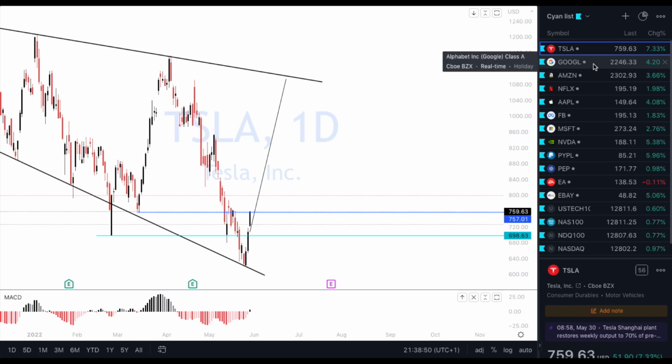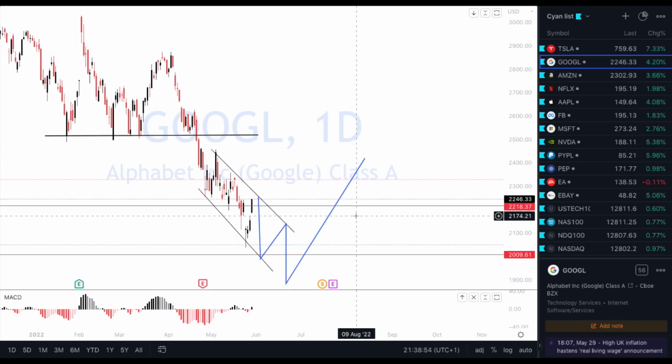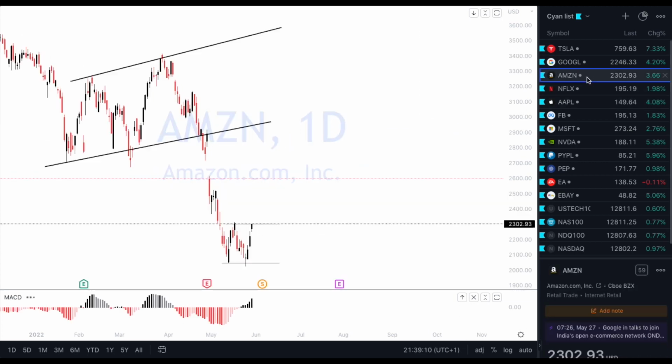It's going to keep going up. Same thing with Google. If Google breaks above this level, we're heading to the top of that structure, and the top of that structure, in my opinion, will be this level over here. But we wouldn't be keeping an eye on Google. Why? Because our eyes will be on that NAS.